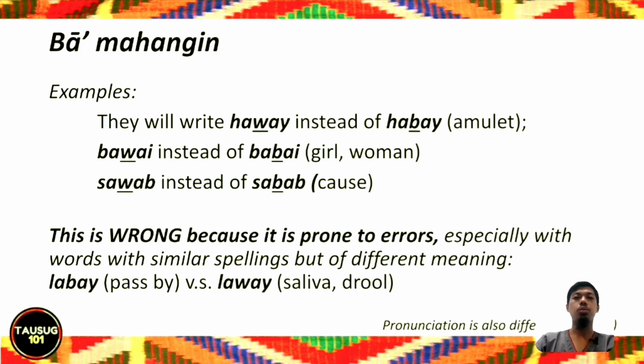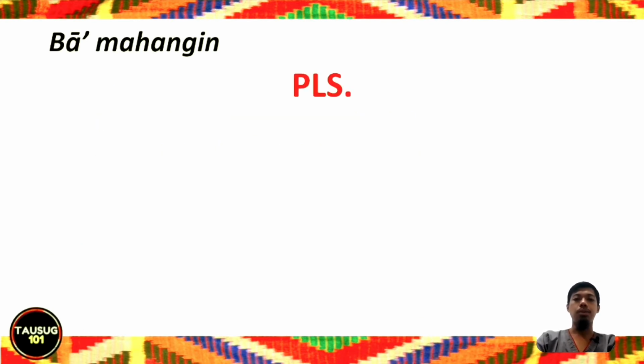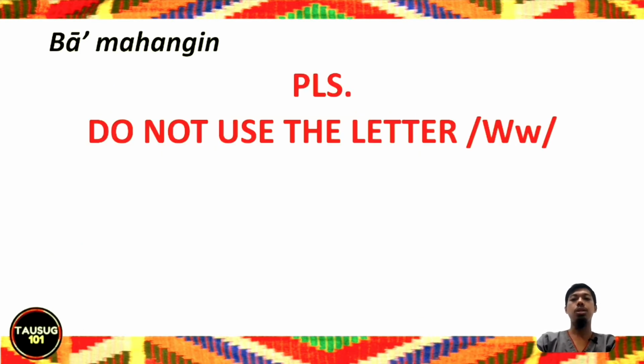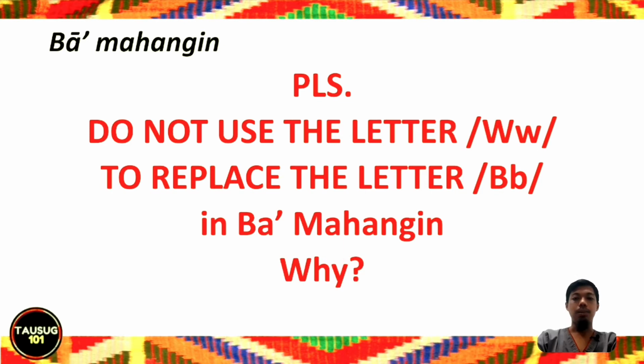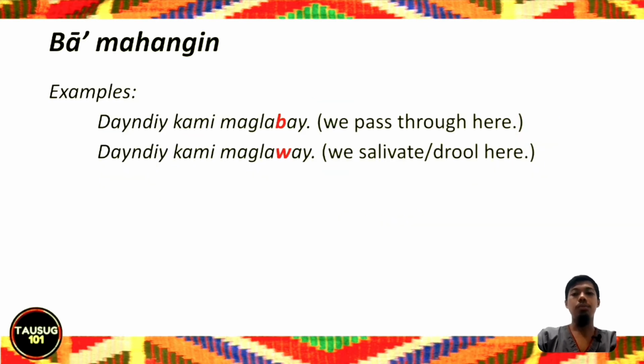This is wrong because it is prone to errors, especially with words with similar spellings but of different meaning. Please do not use the letter W to replace the letter Ba to represent Bā Mahangin. Okay, why? Here's an example.